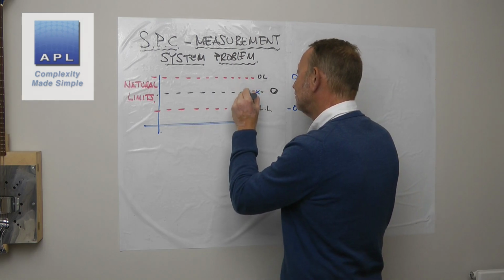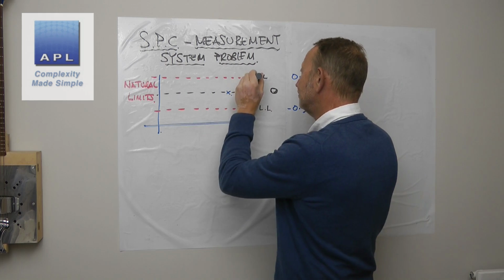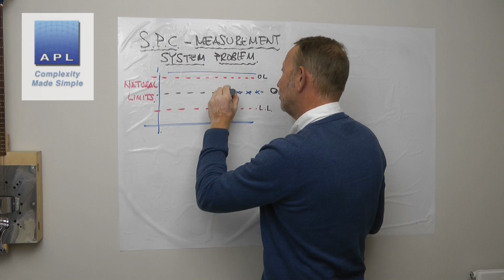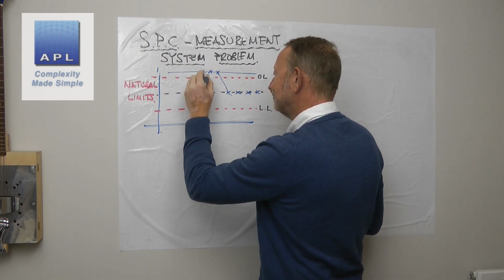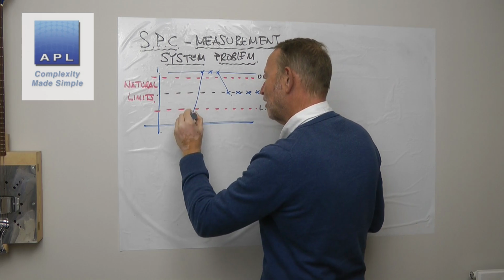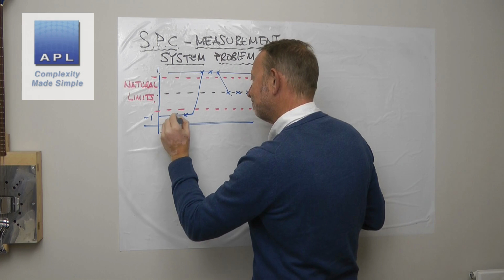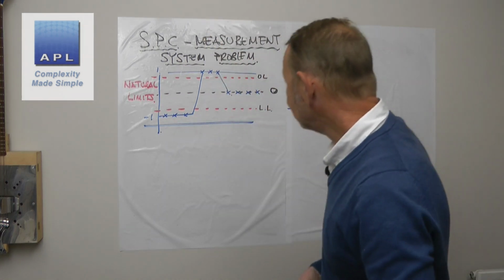Either dead on 0 or at 1. In other words, out of control on the top limit, or the other way, down at -1, out of control on the bottom limit.